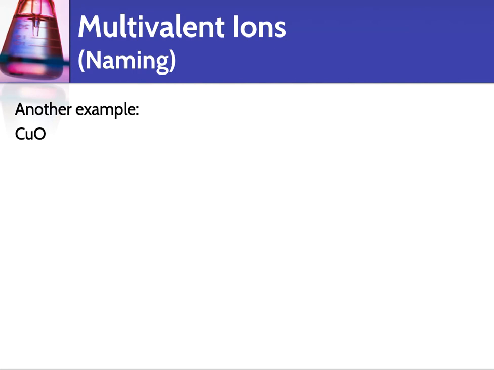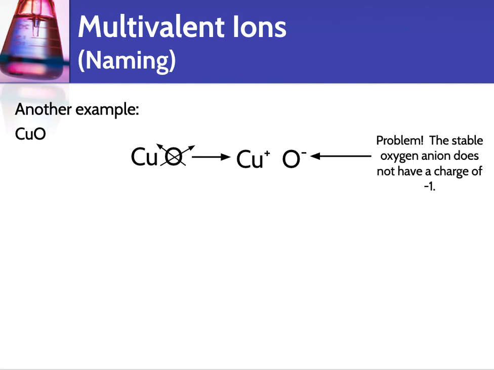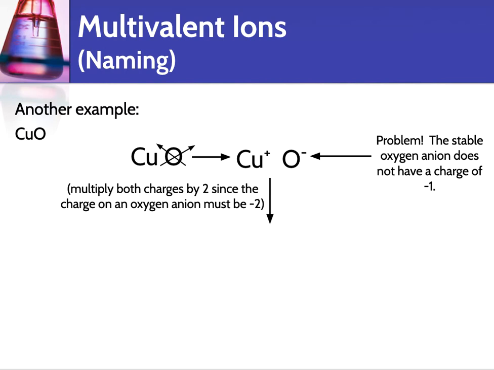So let's look at another example. Copper and oxygen, we've got all these invisible ones, so that tells us it's a Cu plus and an O minus. Now this is where it's important to do that check. The stable oxygen anion doesn't have a charge of -1. It has a charge of -2. So that means we have to multiply both charges by 2 to make it match.